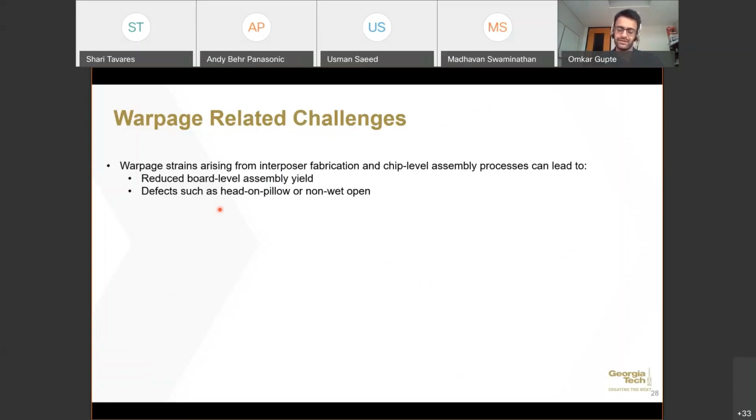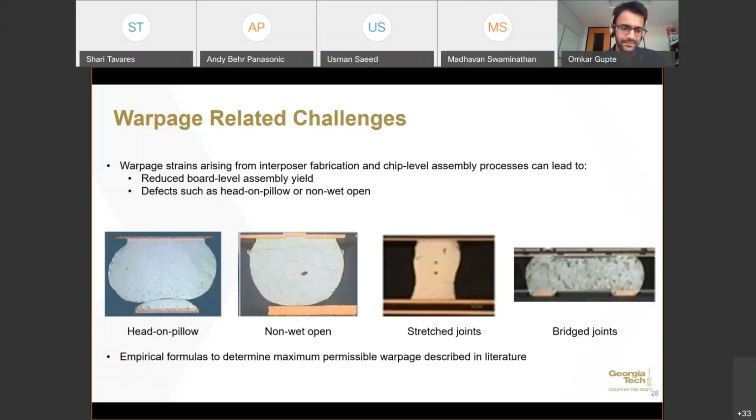And during the board level assembly process, this can lead to reduced assembly yields, mainly because of defects such as head on pillow, where the solder paste on the board is reflowed separately from the solder ball because of oxides being formed on the surface. Then there is something called non-wet open, where the solder paste gets merged with the solder ball, and they reflow separately, again not forming a joint with the PCB, not wetting the PCB.